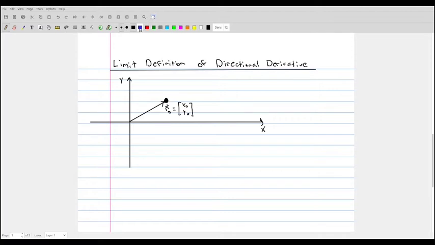And then we also need a direction that we're considering the directional derivative in. We always need that direction vector to be a unit vector. So we typically call this u hat, or u with a little hat over it. Remember, a unit vector means that the dot product of itself, or its length squared, is equal to 1.